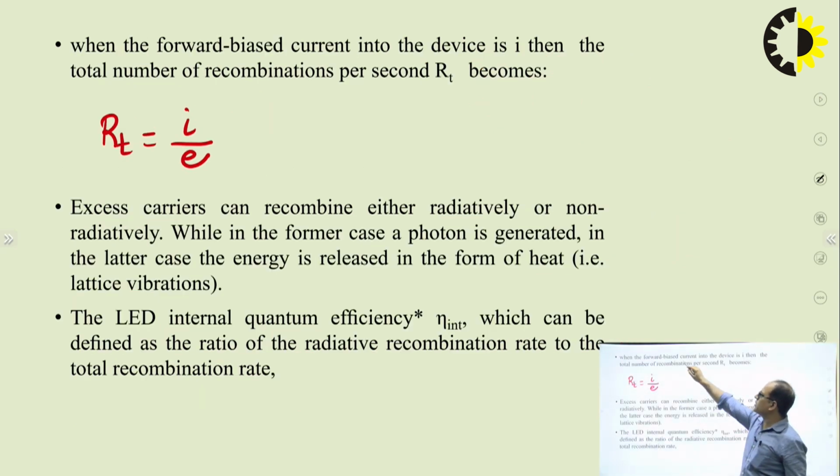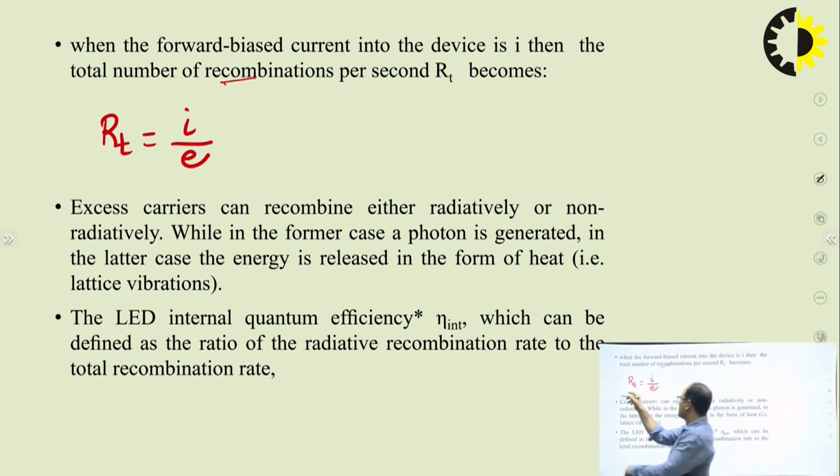So when the forward biasing current is provided, the total number of recombinations can also be written as the current supplied divided by the electron charge. This RT will become equal to I by e.